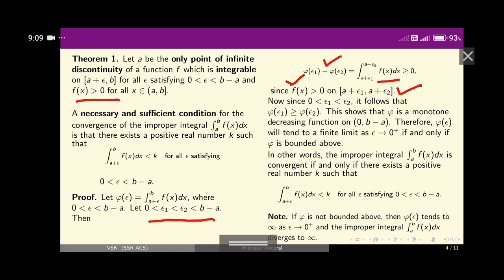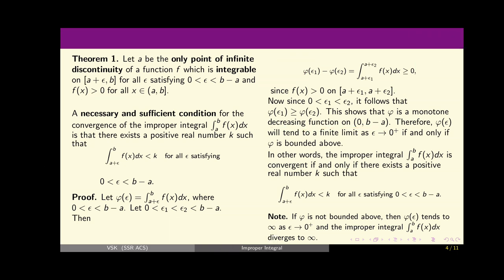Now, since 0 is less than epsilon 1, less than epsilon 2, it follows that phi(epsilon 1) is greater than or equal to phi(epsilon 2) because of this. So this shows that phi is a monotonic decreasing function on this interval, because epsilon 1 is less than epsilon 2 and we are getting phi(epsilon 1) greater than phi(epsilon 2).